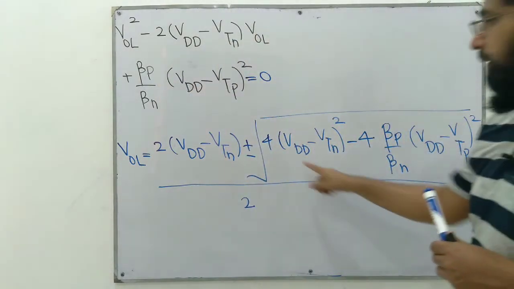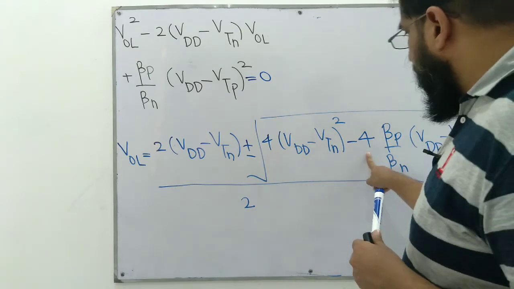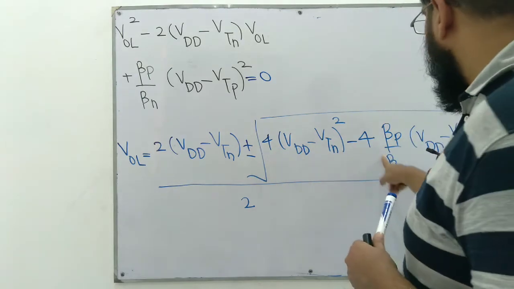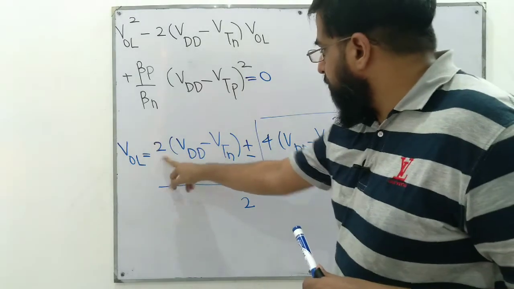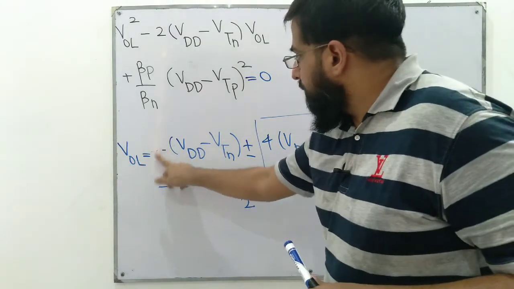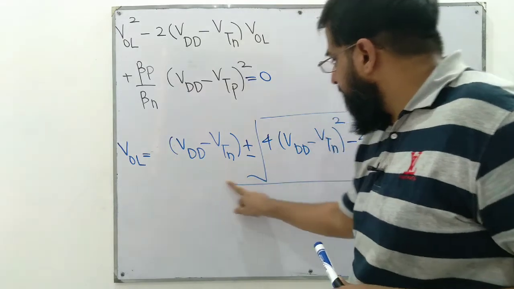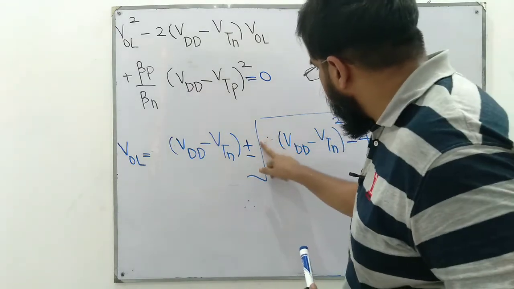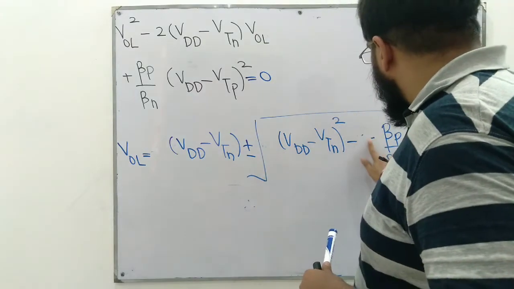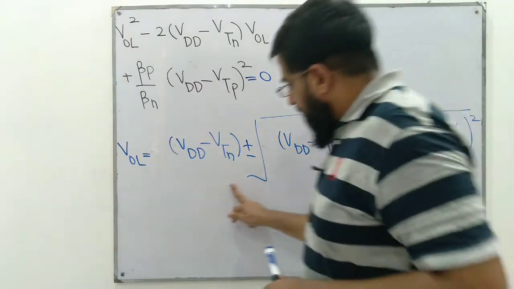If we take this 4 common out of these two and take it out of the square root, this becomes 2, and taking 2 common, everything cancels with this denominator and even this 4. Right, so we are left with this expression.